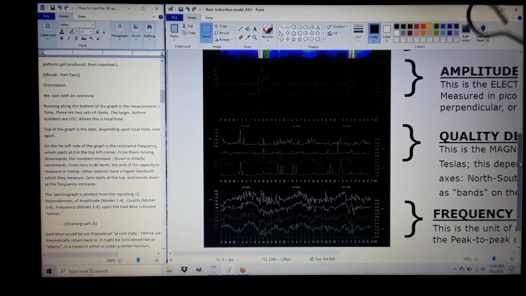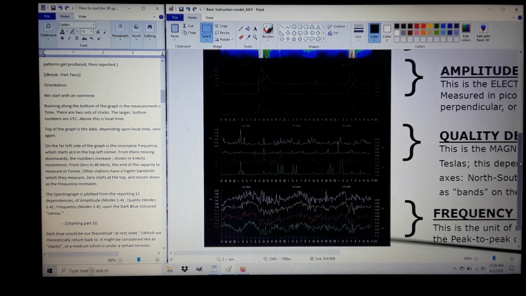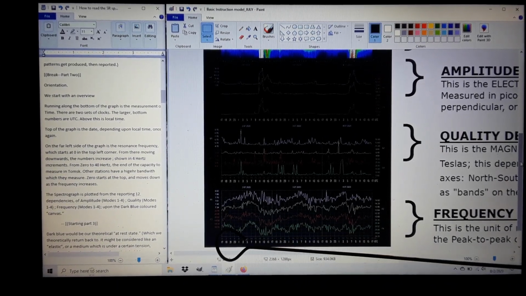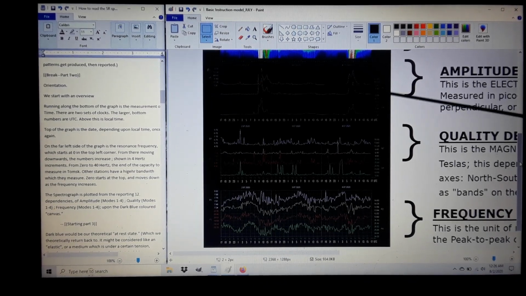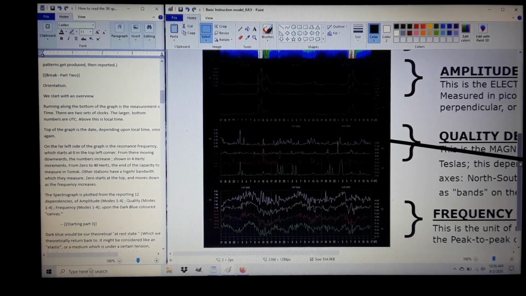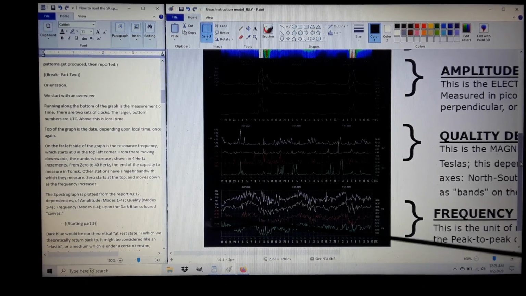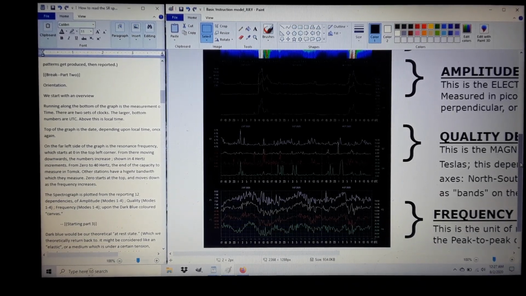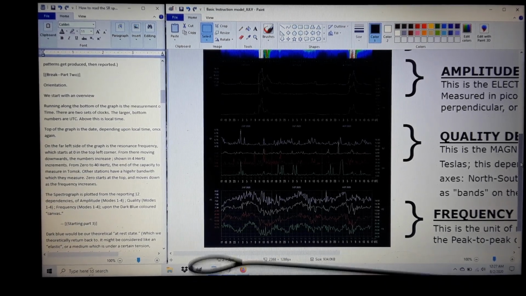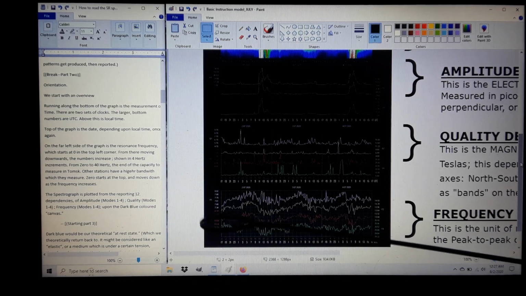All right, so where we are, this is an overview. Running along the bottom of the graph, here, and here, is the measurement of the time. There are two sets of clocks that they are showing you.